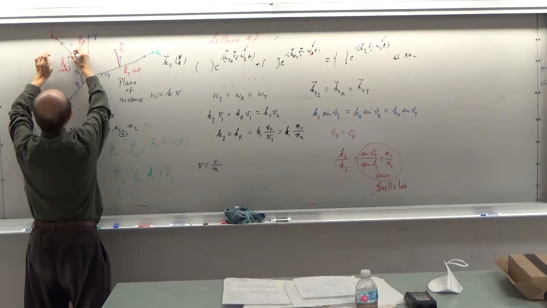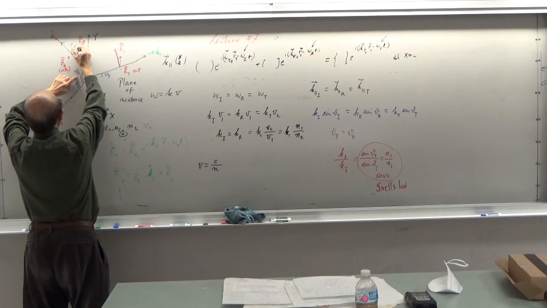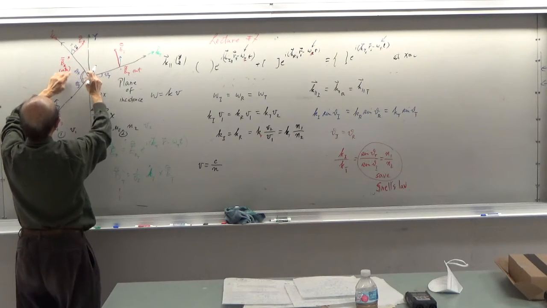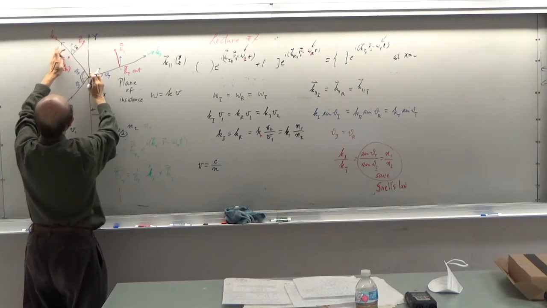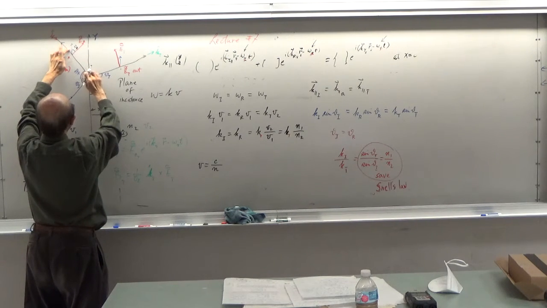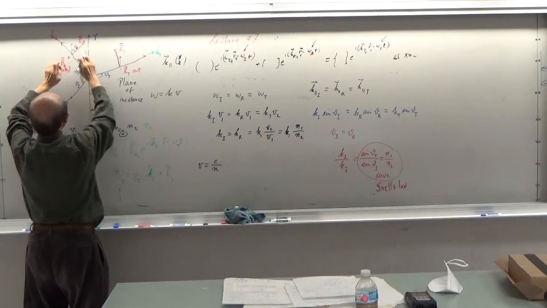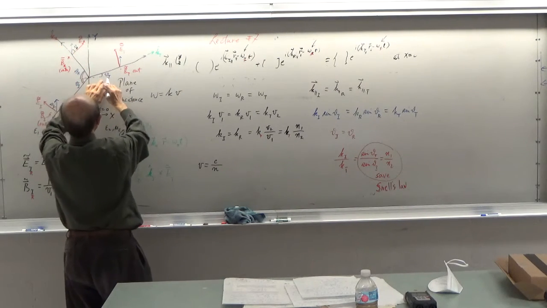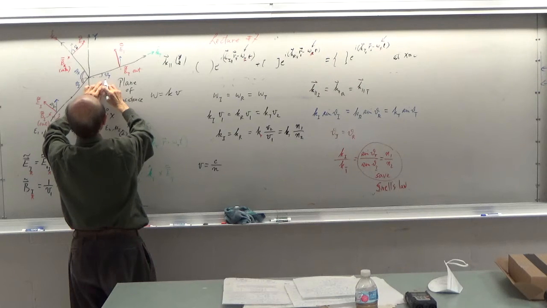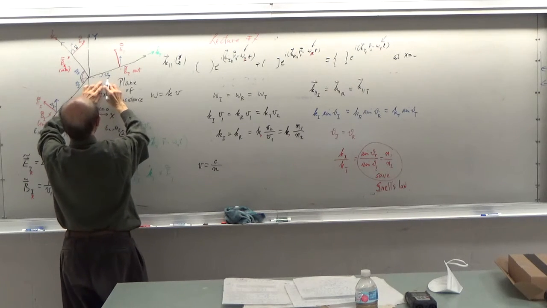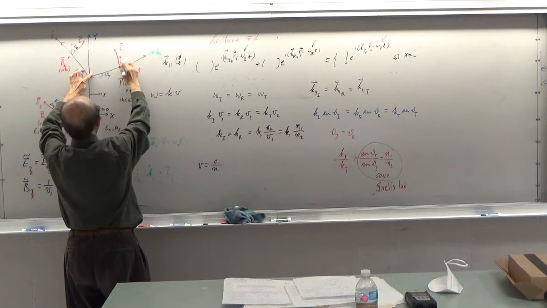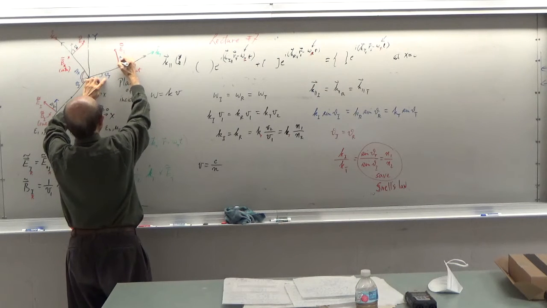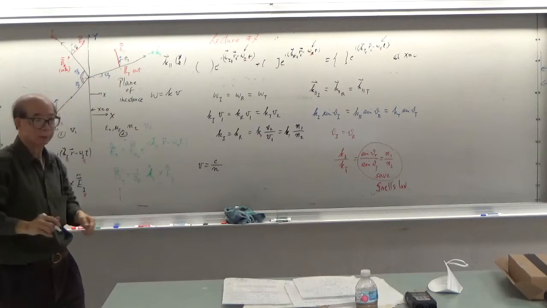So this angle must be the angle R. This and these two are parallel. This is equal to this one. This is the complement of this one. So this is correct. This is theta I, 30. We know that this angle and this angle are equal, and this angle is the complement of 30. So this must be 30.